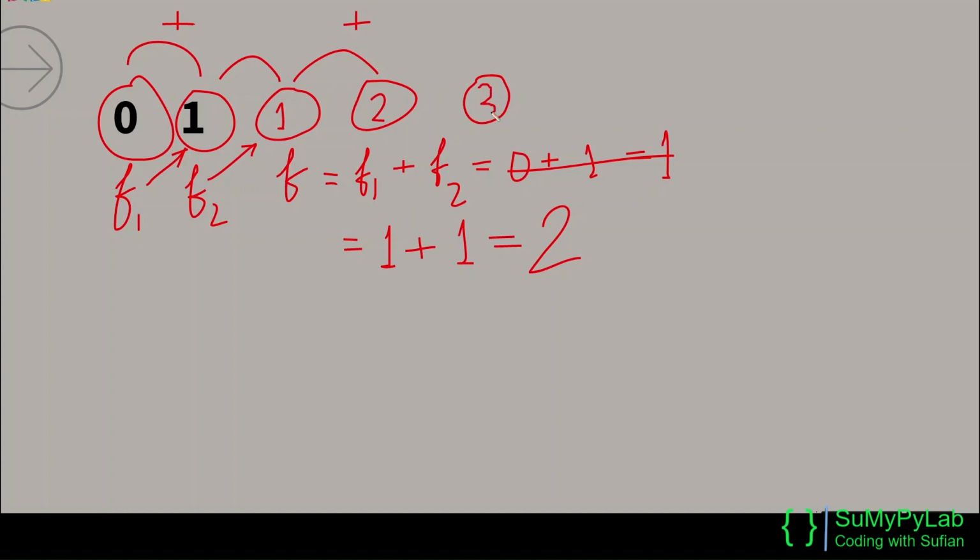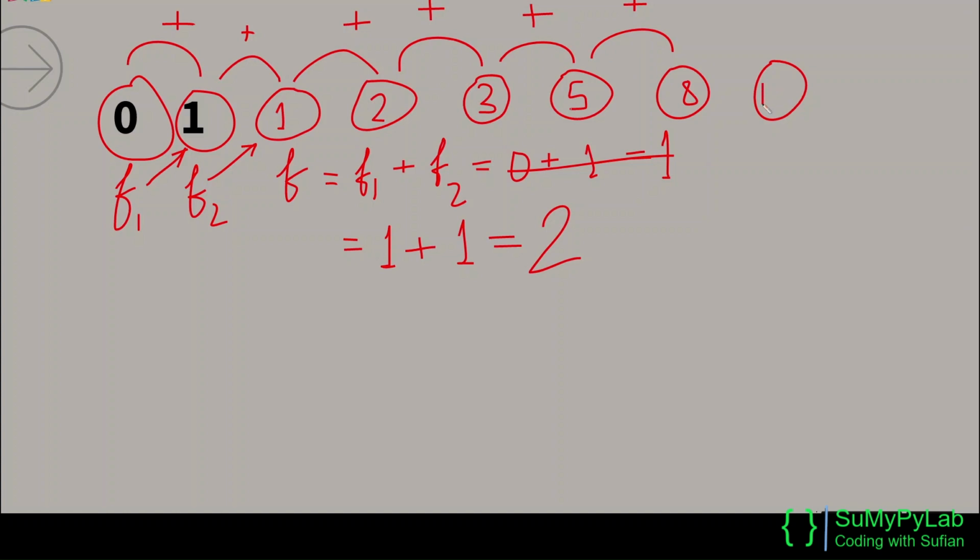In a similar way, our next number is 3. Then we get 5, then 8, then 13, and so on.